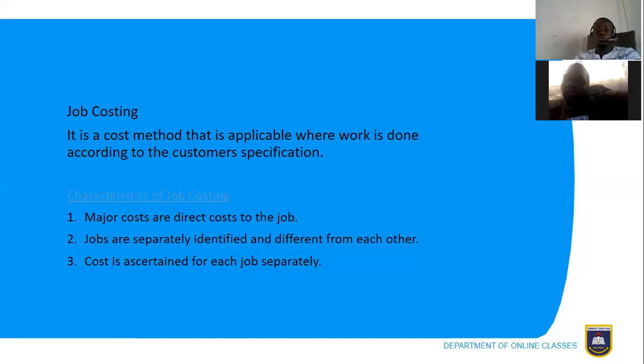Then two, jobs are separately identified and different from each other. Okay, so do not forget, you may go in for a birthday party invitation card. Someone may also go in for a wedding invitation card, and his or her design will be different from your design. You get it? So here they are telling us that jobs are separately identified and different from each other.